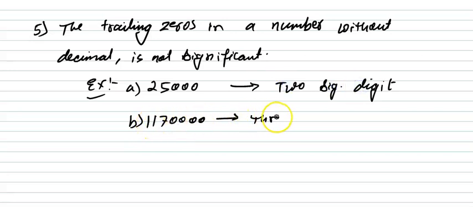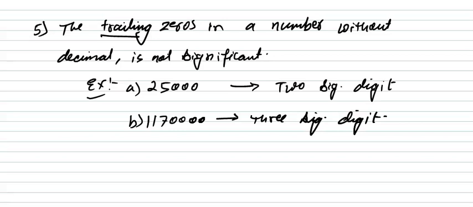So it has 3 significant digits. The number must be without a decimal and the zeros are at the ending point. That is why they are called trailing zeros. So these are not significant digits, right?